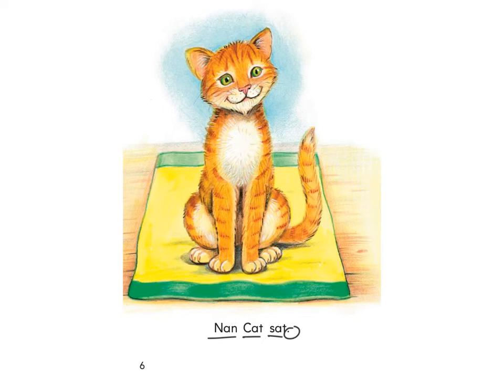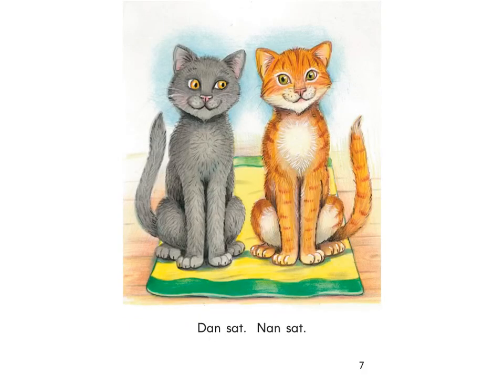So pencils down and fingers ready. Let's read this page together. Fingers ready, ready, and read. Nan cat sat. Oh, so what's Nan also doing? She's sitting on that same rug or that same blanket that Dan Cat was sitting on. Okay. Next page. I don't see any sight words, so I don't need my highlighter.